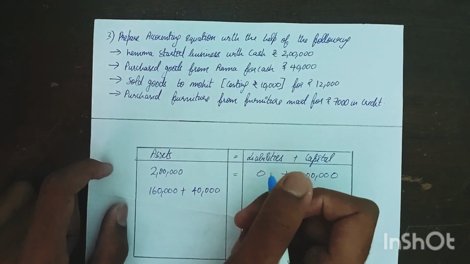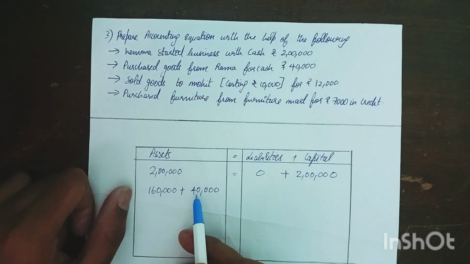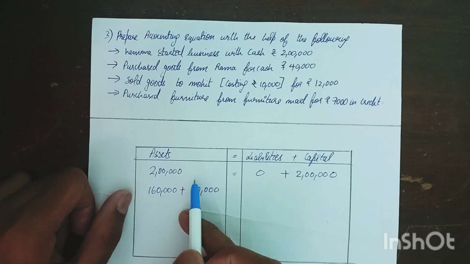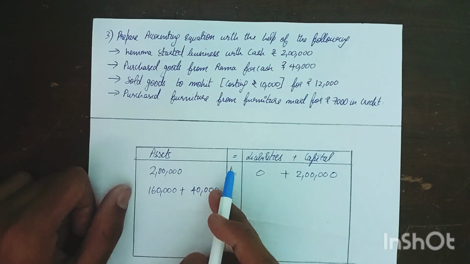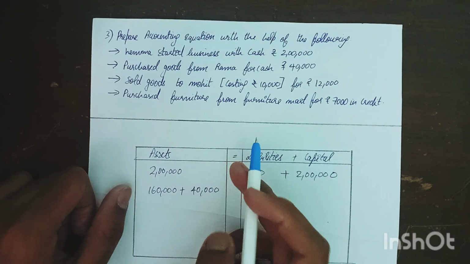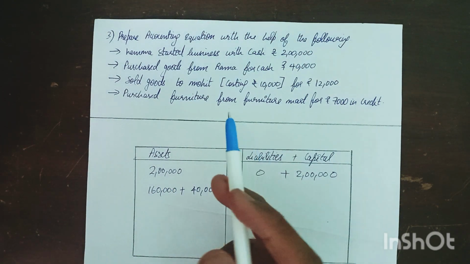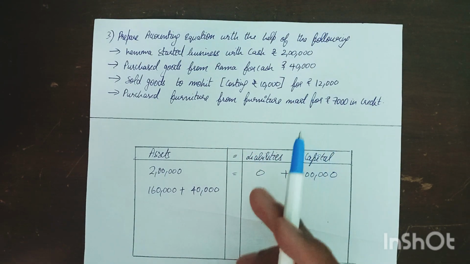So basically we separate this account because we are paying cash to buy goods. So when you go to a shop, you want goods, you want some drinks or you want some chocolate, you give money first, then you buy it. Same way, he goes and buys goods from Rama worth 40,000.